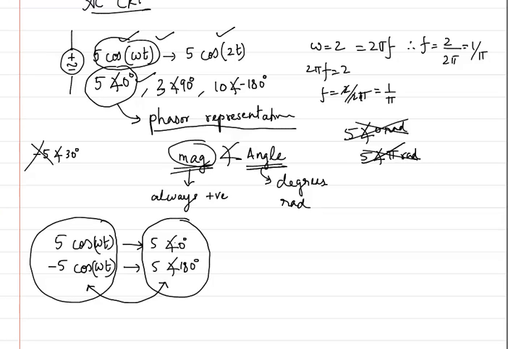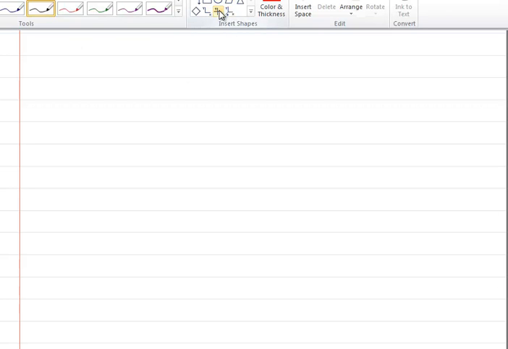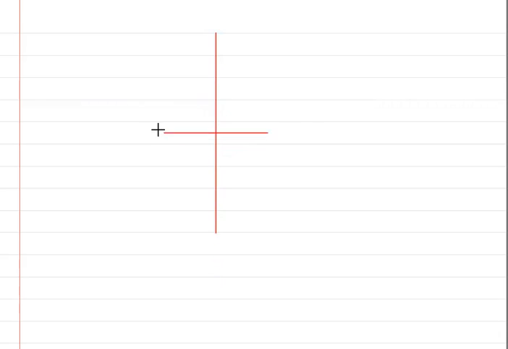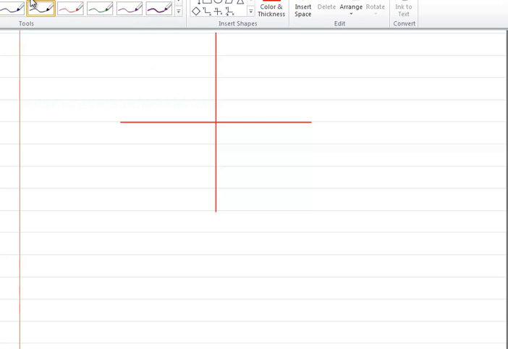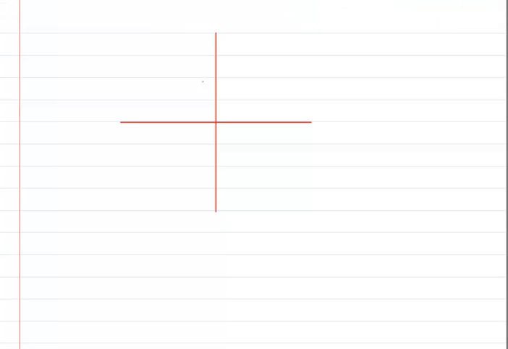Now how to write that? For that, let me take a new page. I will draw. I have drawn a 2-axis graph sort of thing, and within this, let me take this value.